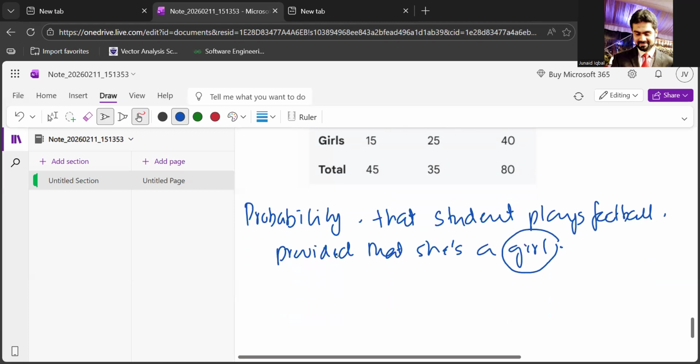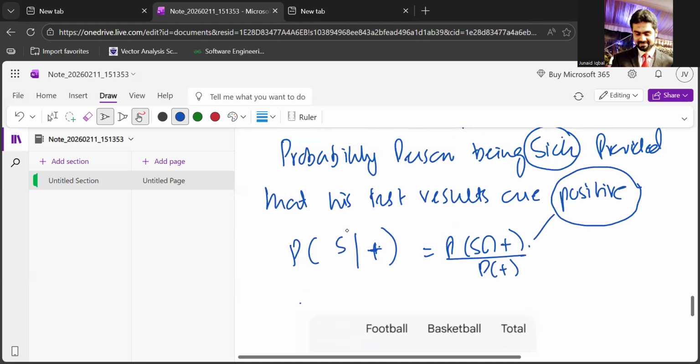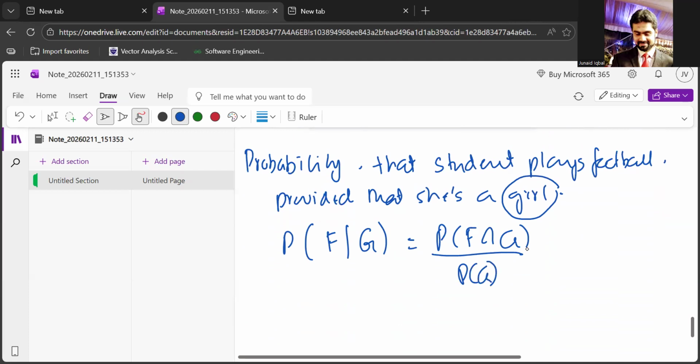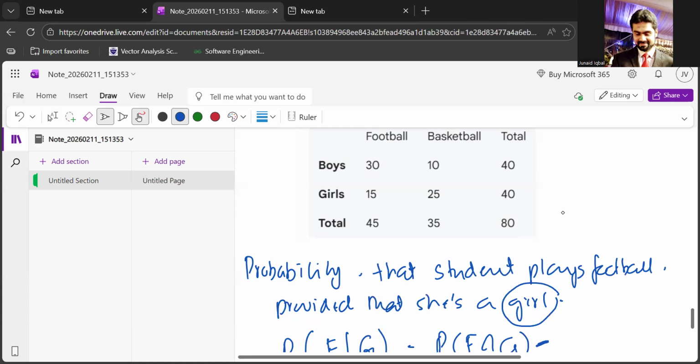Okay, so based on that particular formula which I told you, in this condition, this is being a girl and plays football. So it would be football intersection girl and girl. But this basically football intersection girl, which we can find with the help of, now just consider this football, move downwards to this column because football is in the column and girls is in the row.